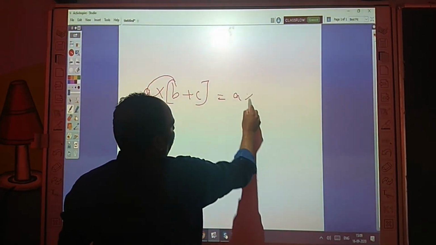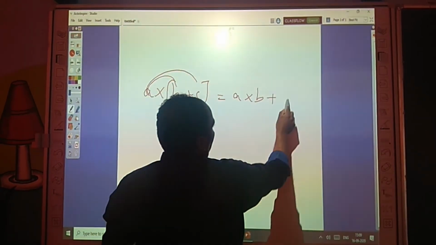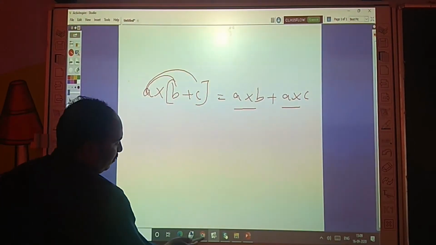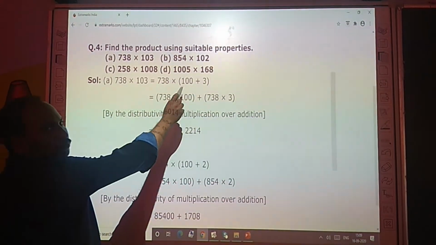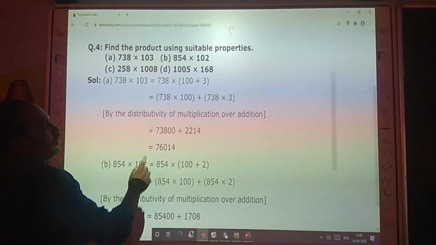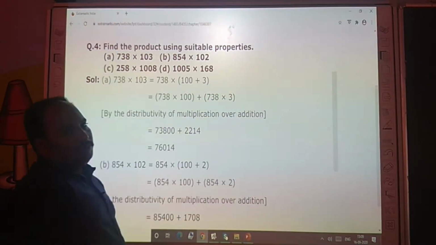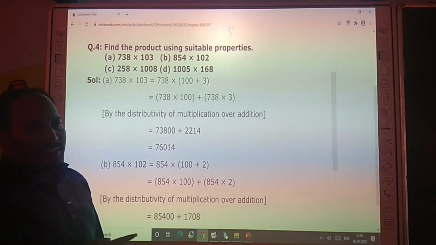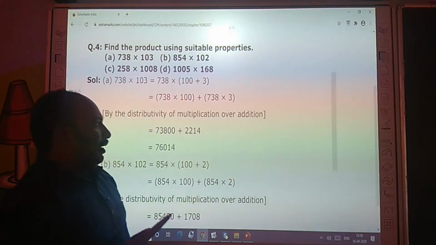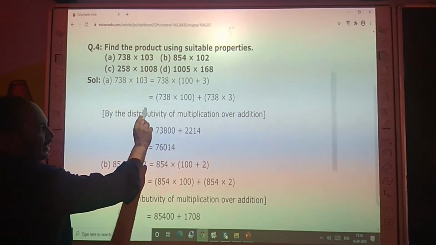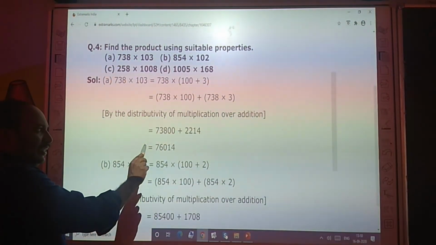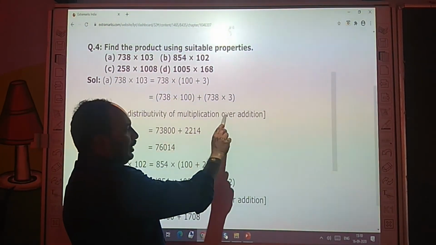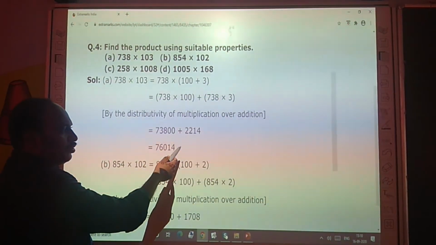Our formula is A into B plus A into C, A into B plus C. A is equal to 738, B is equal to 100, and C is equal to 3. 738 into 100 is equal to 73,800 plus 738 into 3 is equal to 2,214.